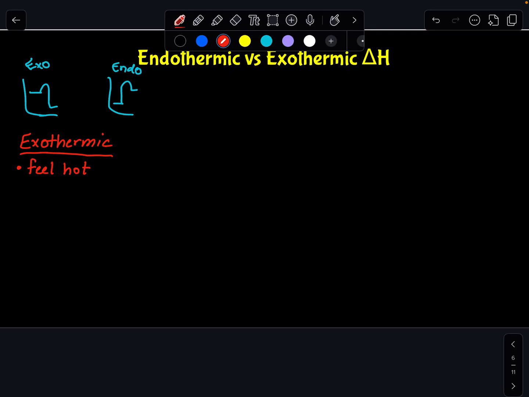And that's indicative of an exothermic reaction. The second thing we'll notice is that energy is released, which means when we look at a graph, the products have less energy or are lower than the reactants.